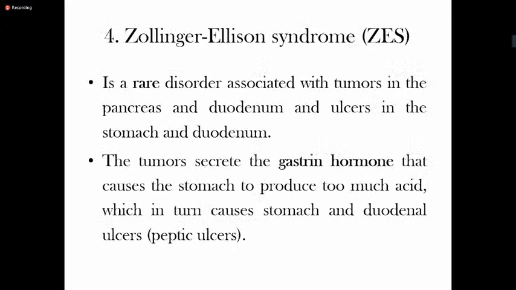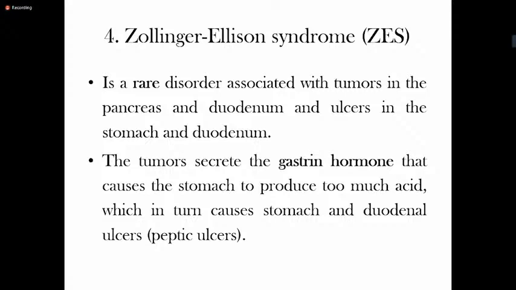Okay, it's a rare disorder associated with tumors that arise in the pancreas and duodenum and ulcers in the stomach and the duodenum. The tumors secrete gastrin, which is a hormone that causes the stomach to produce too much acid. Okay, and this in turn produces stomach and duodenal ulcers.